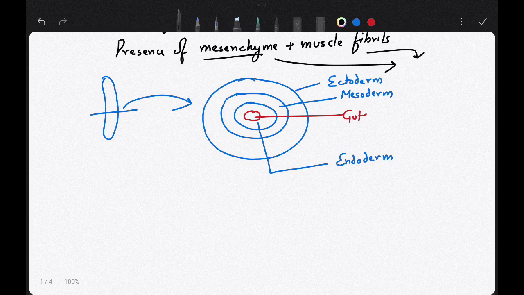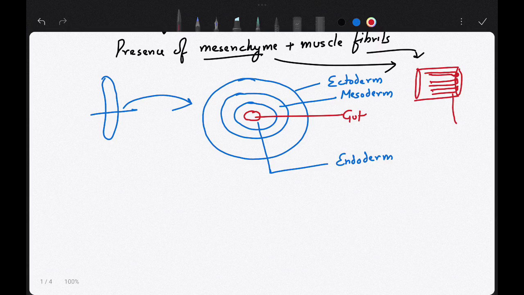Now what are muscle fibrils? Suppose this is a muscle. If you do the cross section, you will see various rod-like structures present, long in shape.